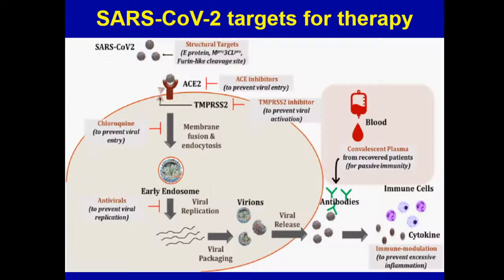While we discuss the viral replication, it will be good to take a look at the same time at the targets in the replicative cycle that can be used as targets for the anti-COVID therapy.